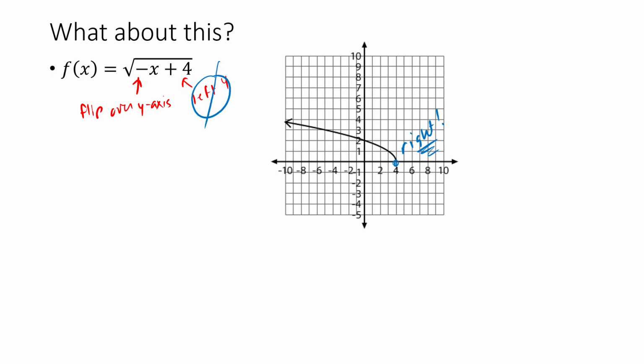So there's a couple different ways we could explore this. I thought I had another slide with this, but maybe I did not. So I'm going to write down here what's happening algebraically, and then we'll take a look at the table for this. We want to think about this as factoring out that negative.